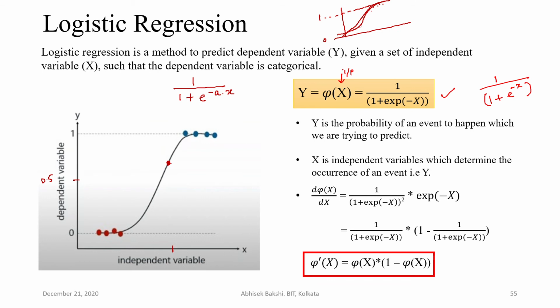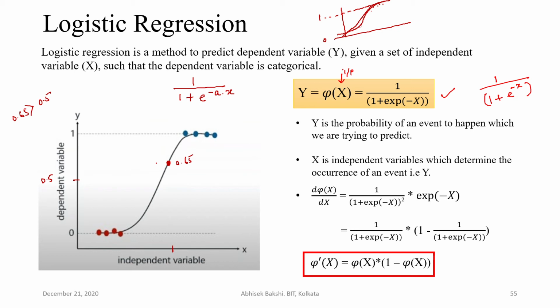So if the probability of y for this x is, say, 0.65, then 0.65 is greater than 0.5. That's why the class of this unknown example will be considered as 1. That means true or something else, depending on how you are interpreting your problem.